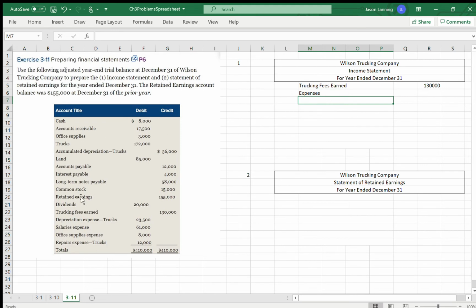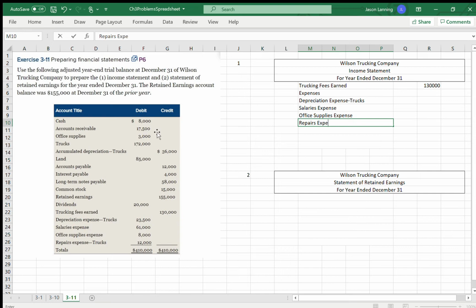And in our expenses, we have depreciation expense for trucks. Depreciation expense, trucks. We have salaries expense. We have office supplies expense. We have repairs expense.